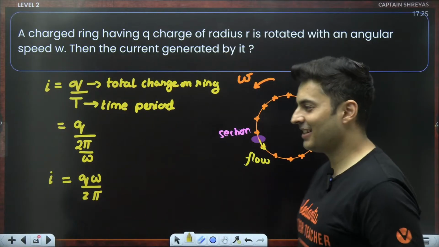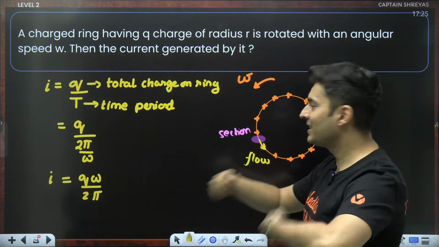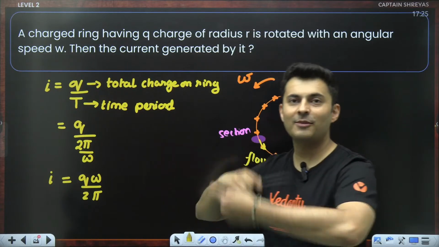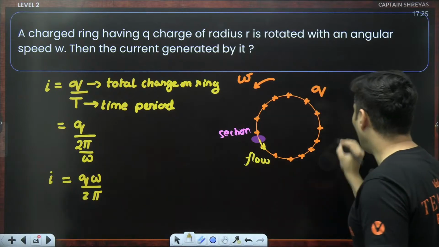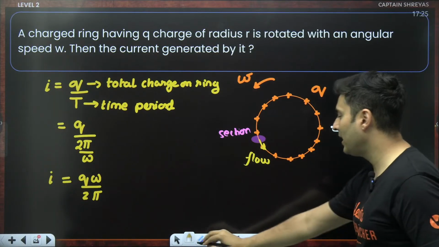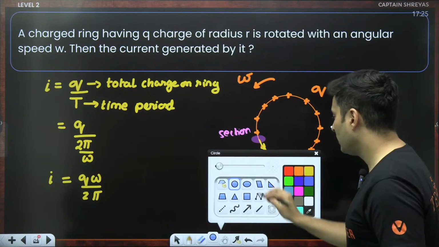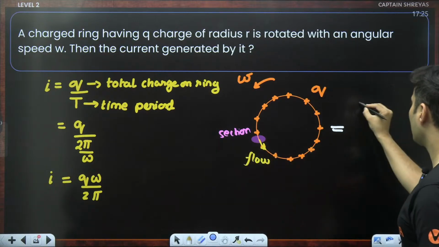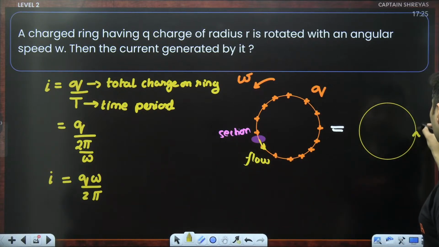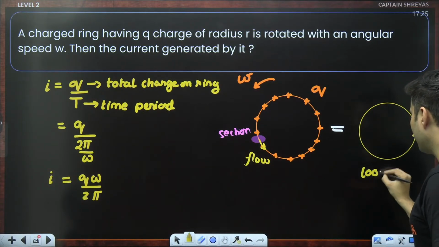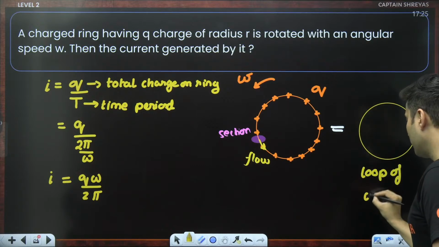What an interesting answer. A rotating ring which is charged is nothing but like a loop carrying current. This is nothing but like saying I have a loop of current.